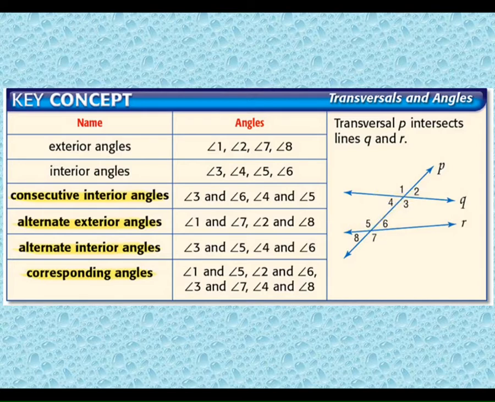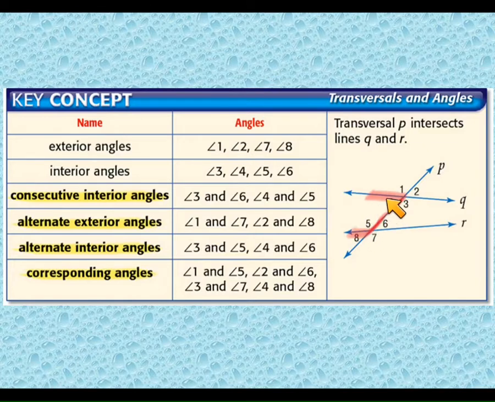Then we have consecutive interior. What does it mean to be consecutive? Like consecutive numbers means what? Yeah, back to back, one right after the other, right? So consecutive interior are interior angles that are back to back, or one right next to another. So 4 and 5 would be consecutive because they're right next to each other, right?